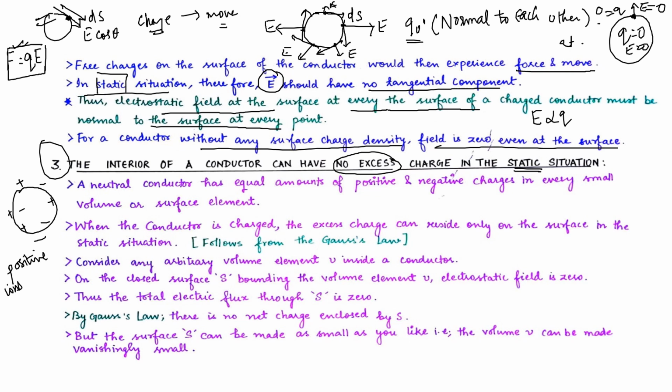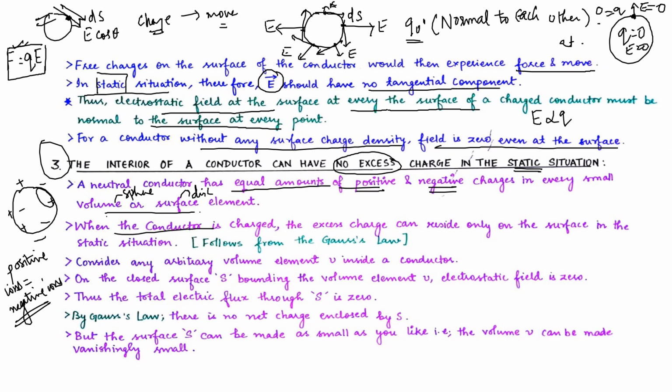A neutral conductor has equal amounts of positive and negative charges in every small volume or surface element. We can take a volume element if we are dealing with a sphere, and if we are dealing with a disk, we can assume a surface element.